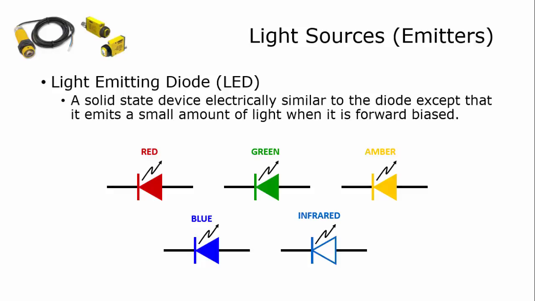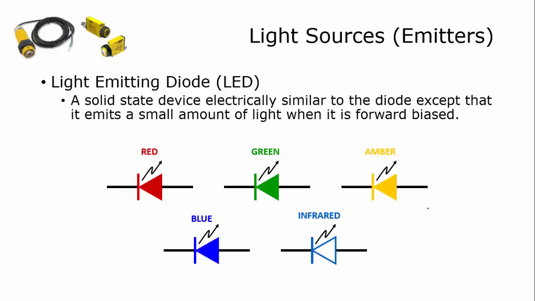Today they're in our stoplights. You can buy LED room lighting. They're all over the place. But a single LED puts out a very small amount of light. And they come in various colors. They come in red and green and amber and blue and infrared.